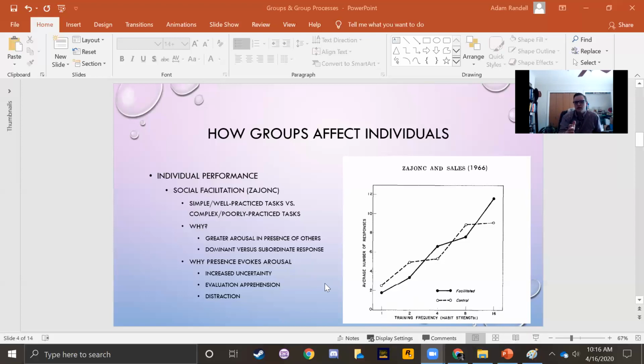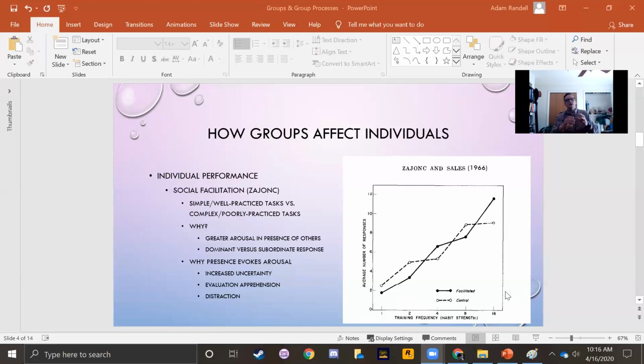So he varied how many times the participants were able to practice each of these words. All right. And so we can think about this as, down here with the 1 and 2, even up to 4, participants aren't well practiced at pronouncing these words. But up here at 8 and 16, especially at that 16, they're fairly well practiced.